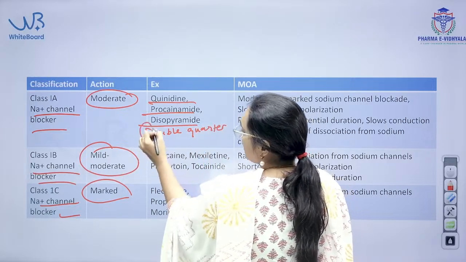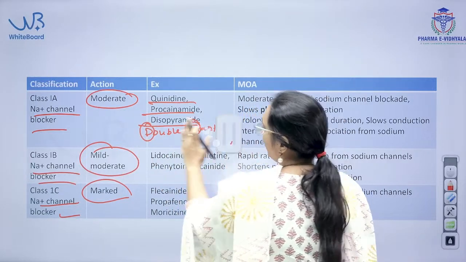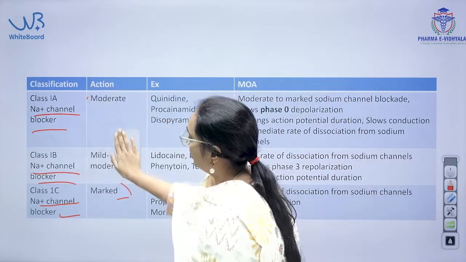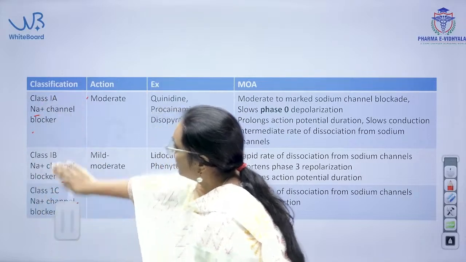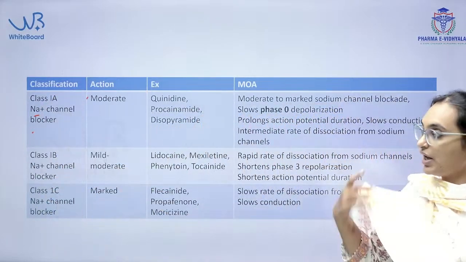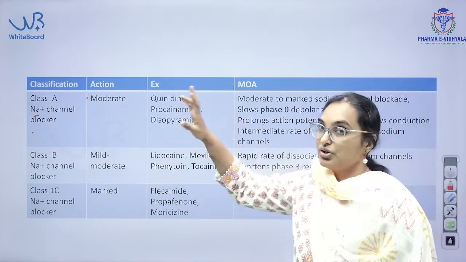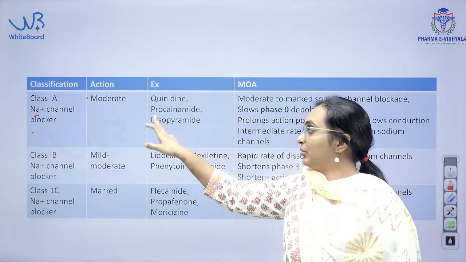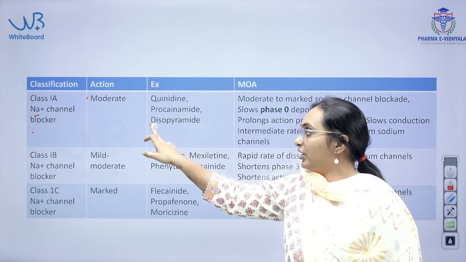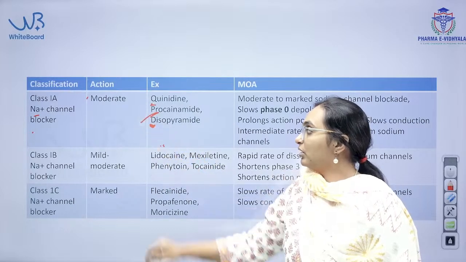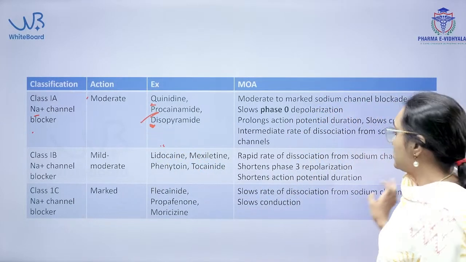That means disopyramide, quinidine and procainamide. That is class 1A drugs. You just remember like this, double quarter: double D for disopyramide, quarter drug is quinidine drug. Okay, procainamide.